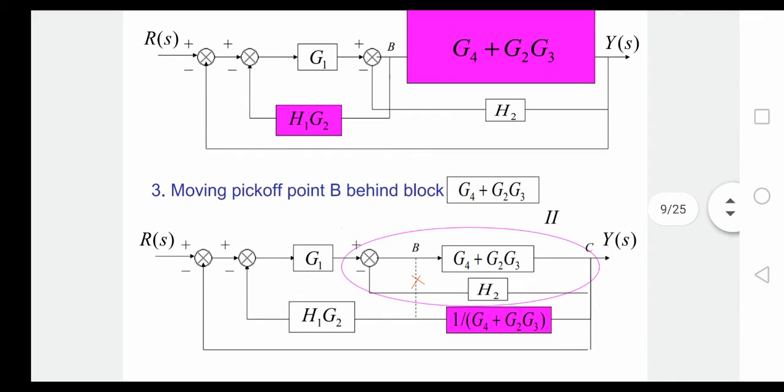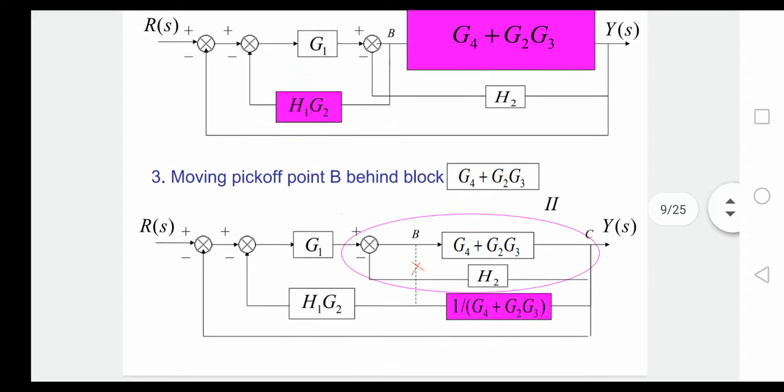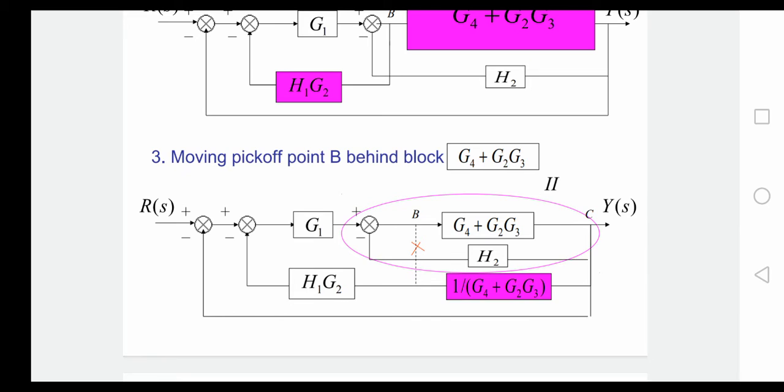What we are doing, H1 G2 will be obtained at that particular point C. If you are taking it behind the block, actually it is before the block G4 plus G2 G3. If you are taking that point B after the block, it means you need to multiply by 1 by G, so you take 1 by G4 plus G2 G3.